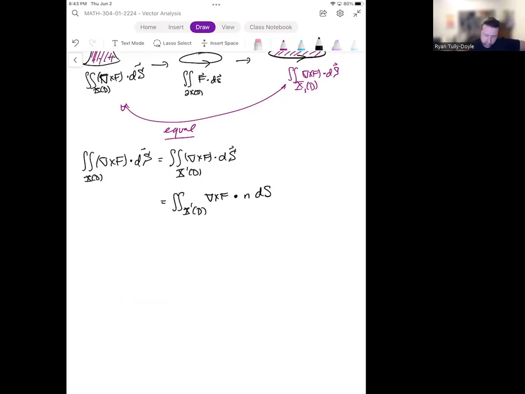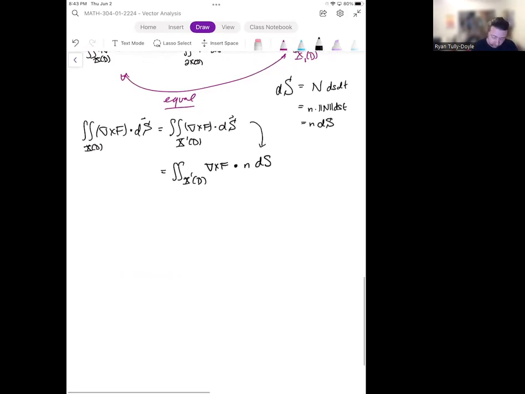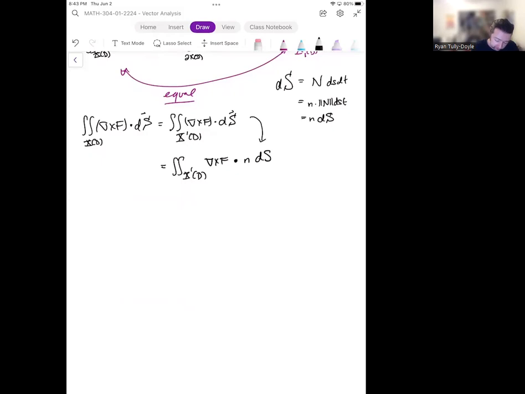Remember we did that trick before, where the move here was d capital S is equal to n ds dt, which is equal to n times the length of n ds dt, which is equal to a unit normal vector n times dS without the vector sign. So now I'm computing the curl of F dotted with a unit normal to the disk.